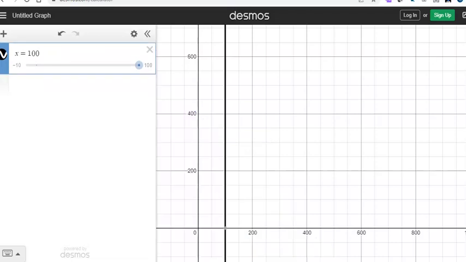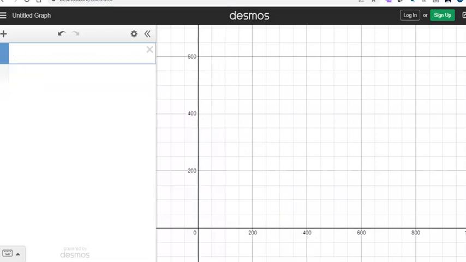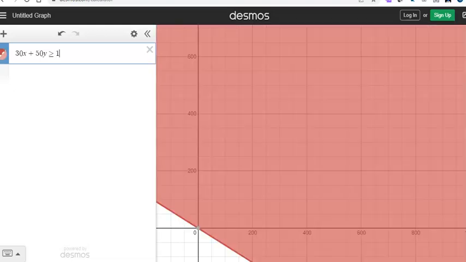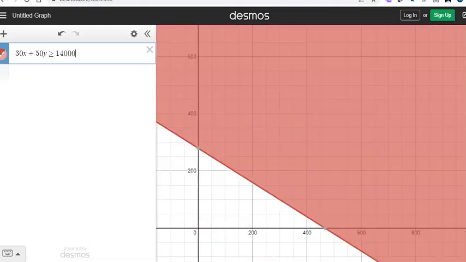If we come back, we know that 30x plus 50y has to be greater than or equal to $14,000 to make their goal, which is 466.67.